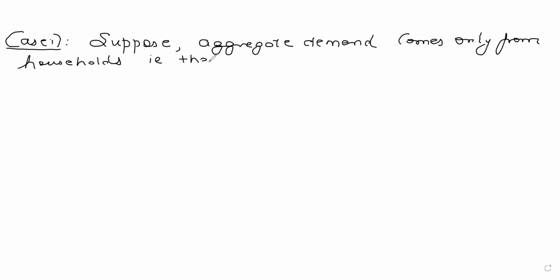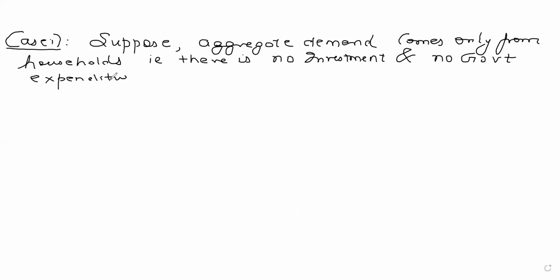That is, there is no investment right now, we are assuming, and no government expenditure. Okay, so I can write what is my aggregate demand function. So my aggregate demand will only be equal to C, which is my consumption.